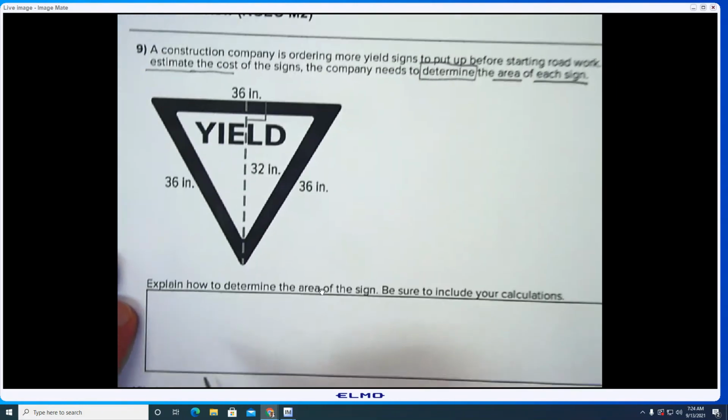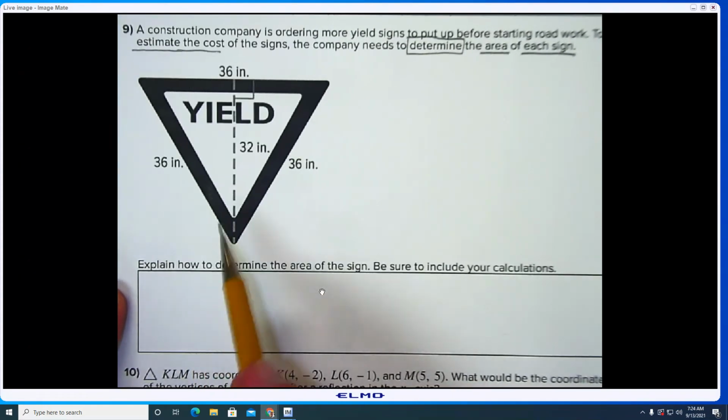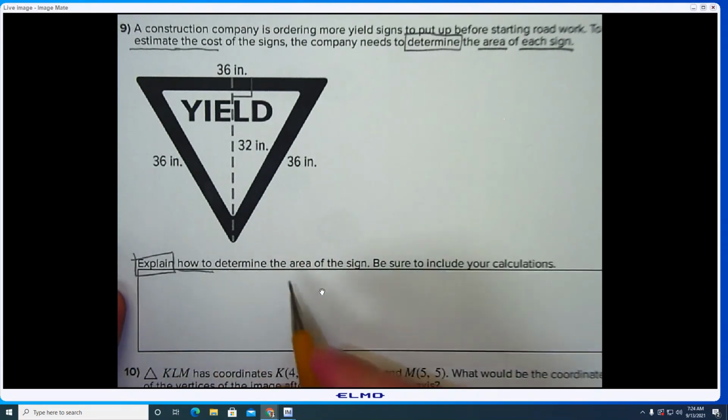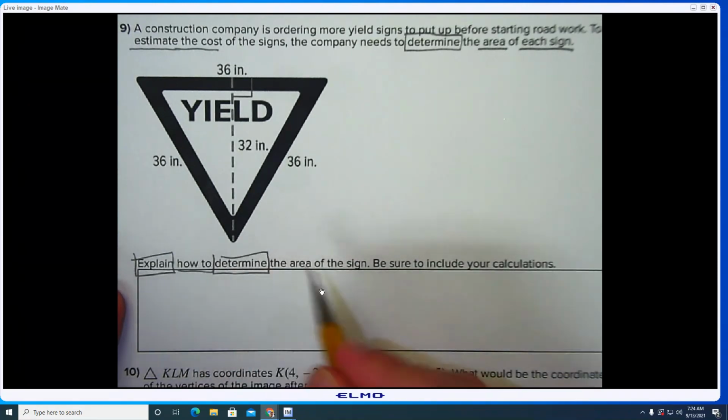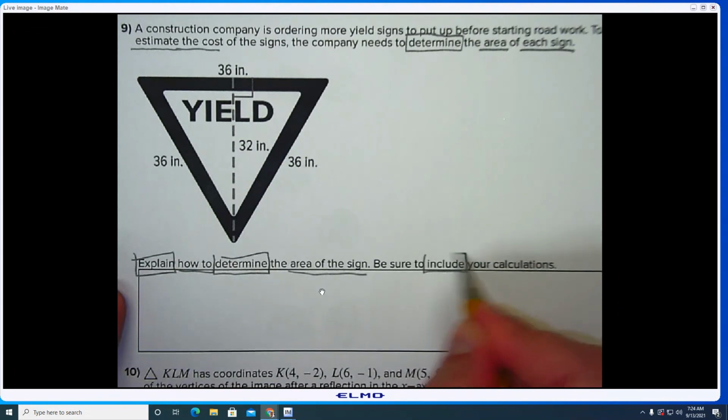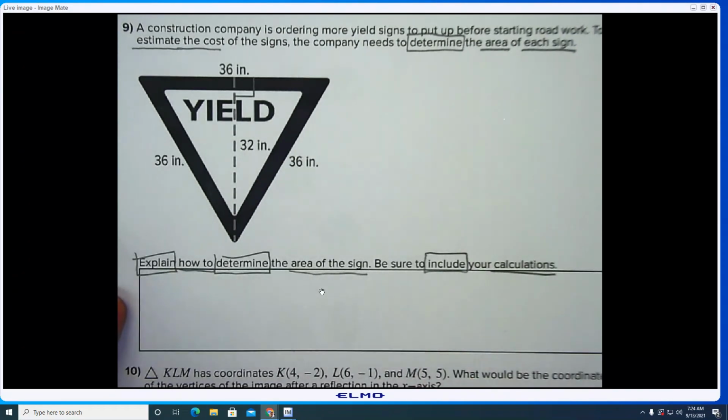All right. And then they want an explanation of how to determine the area of a sign, and they want us to include our calculations. Okay.